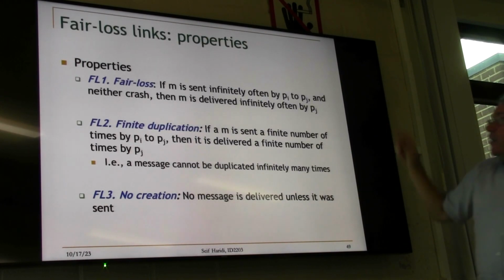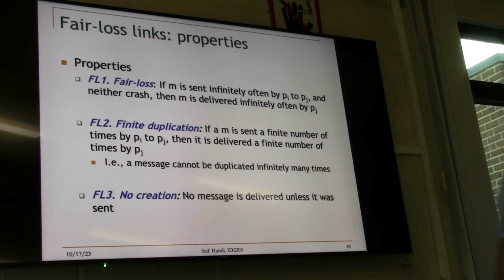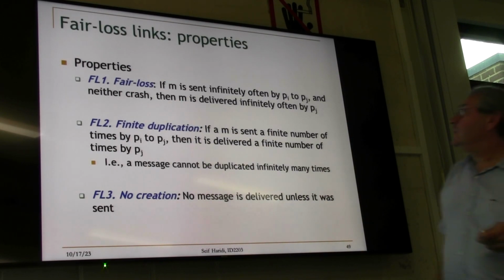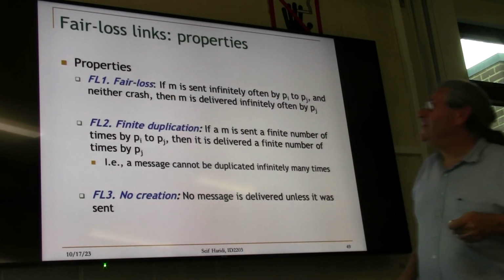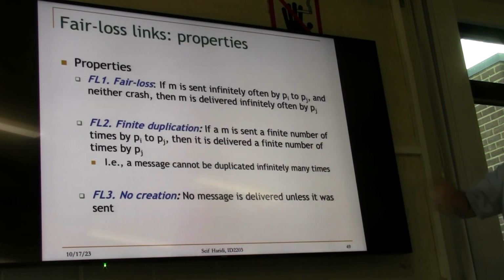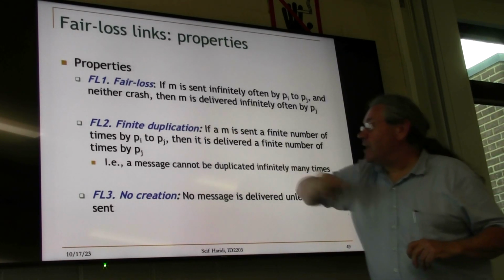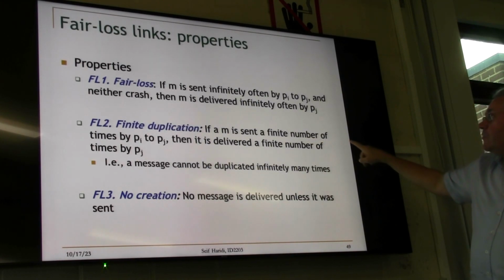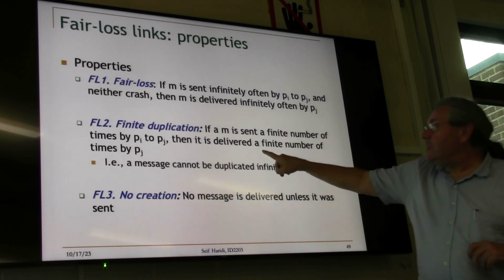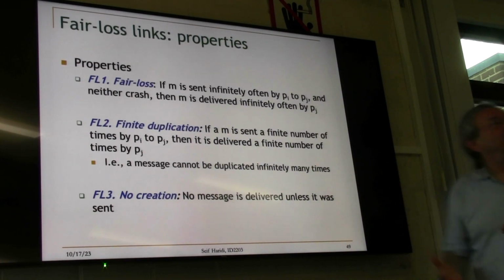Okay, that's fair loss, but that's not enough. You need more properties. Notice this is an if. Well, we'll see what it means. The second one is finite duplication. If a message is sent a finite number of times, then it is delivered a finite number of times. So that's kind of an opposite property.